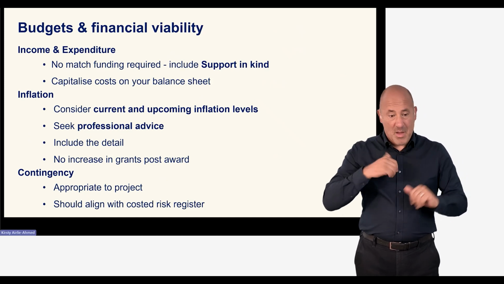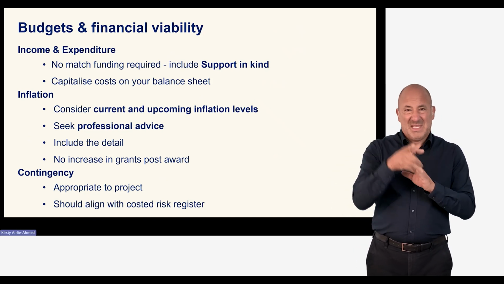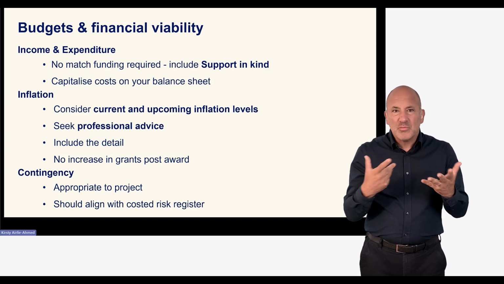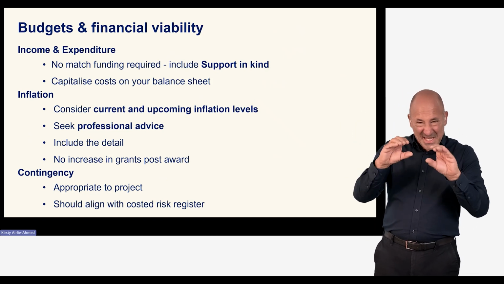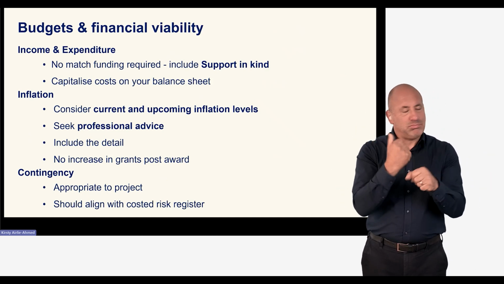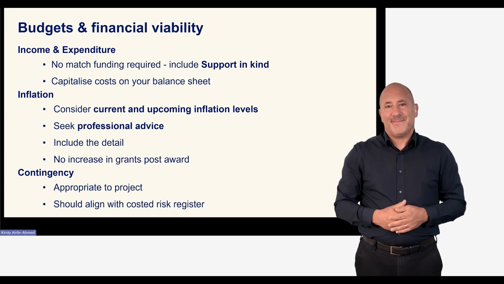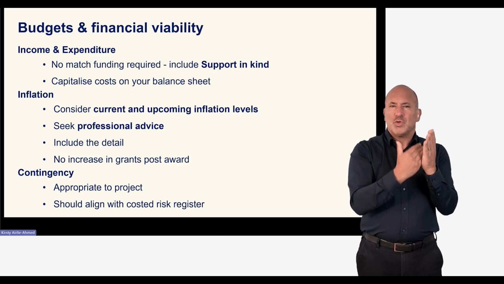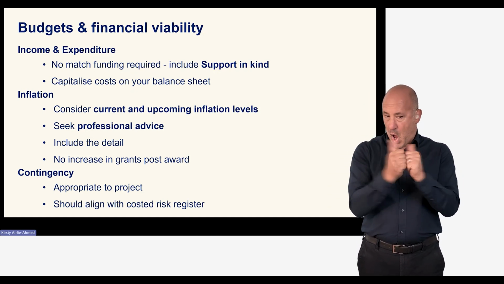Arts Council England will not increase grants once awarded. So if inflationary increases mean that applicants do not have enough funds to complete their project, they will need to source additional funding elsewhere to complete the works outlined in the funding agreement. Please see our full terms and conditions for more information about grant holder obligations under the funding agreement and agreed programme of works.